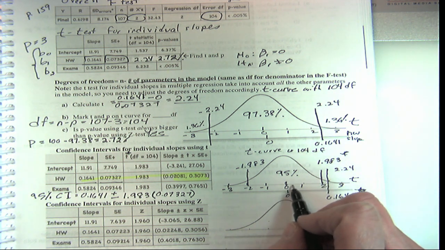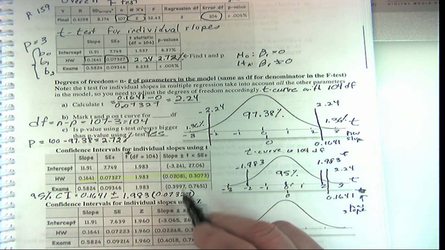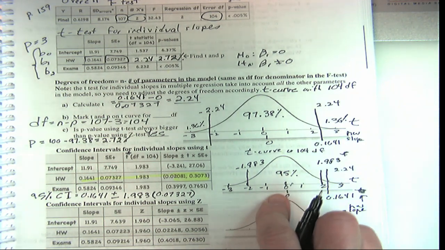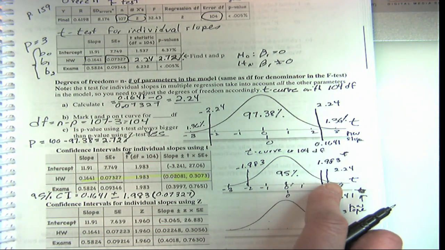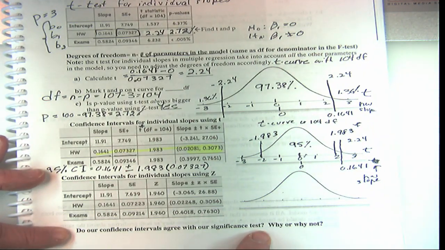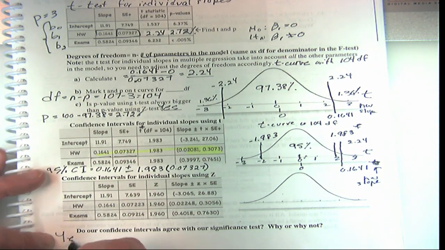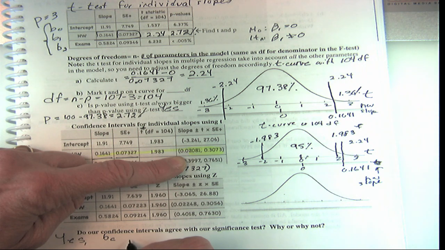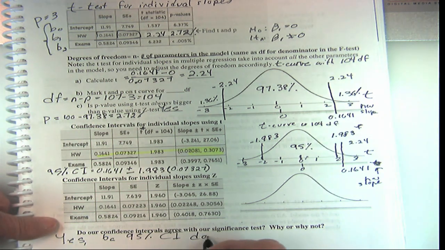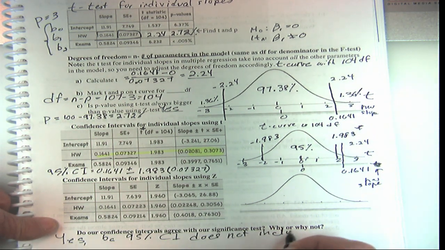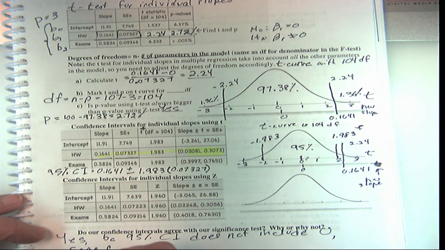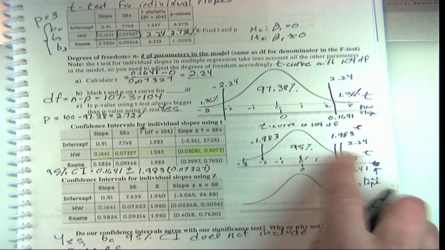But now we're bigger than that, so we get that little distance right there, and then we go up. So we didn't include 0. So do you see how our confidence intervals agree with our significance test? Yes. Because this confidence interval does not include 0. So that's the same as our landing beyond.